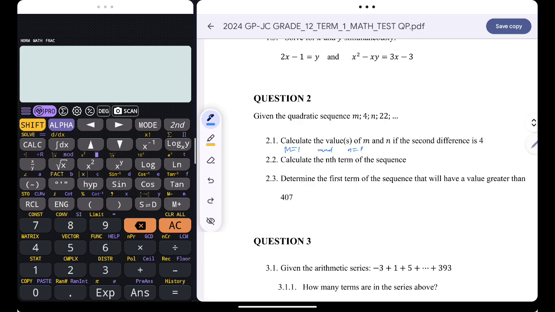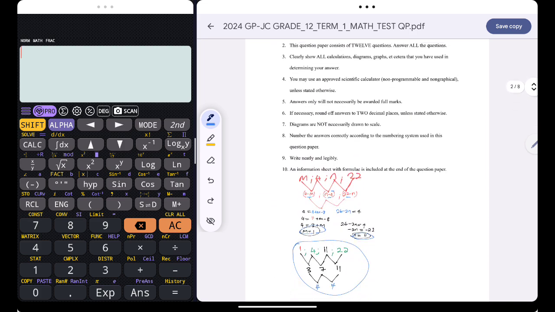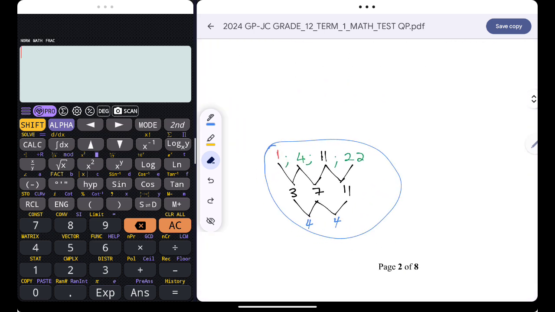Now I'm supposed to calculate the nth term of the sequence. I'm supposed to find the general term of the sequence, right? For me to find the general term, I only need to find the values of a, b, and c. Why? Because Tn is equal to an squared plus bn plus c for a quadratic number pattern.